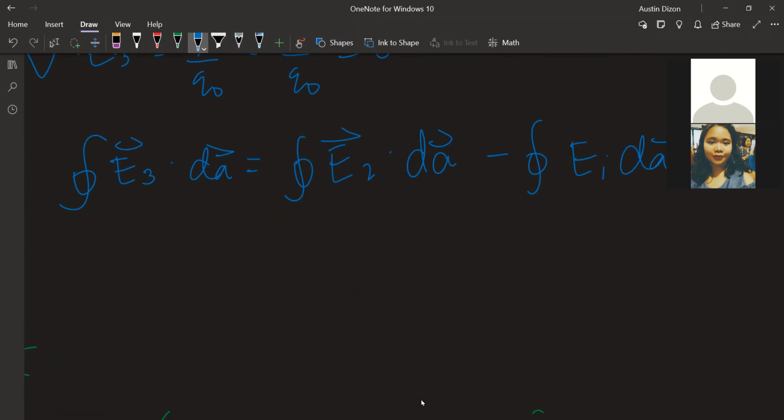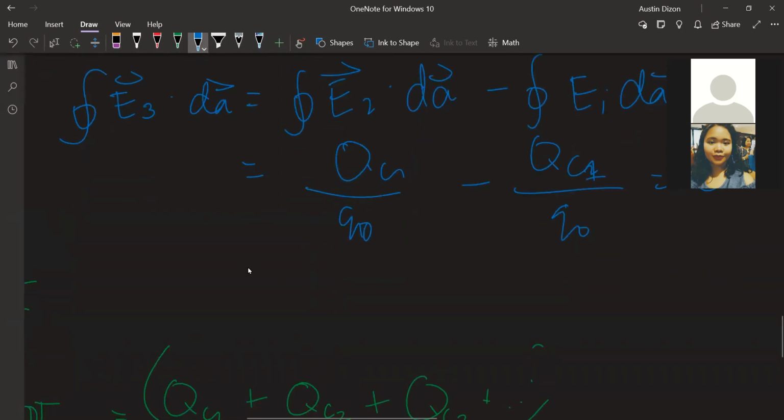Okay. And this is just Q C1 for conductor 1. And this is just Q C2, C1 for conductor 1 din. Okay. So this is just 0.